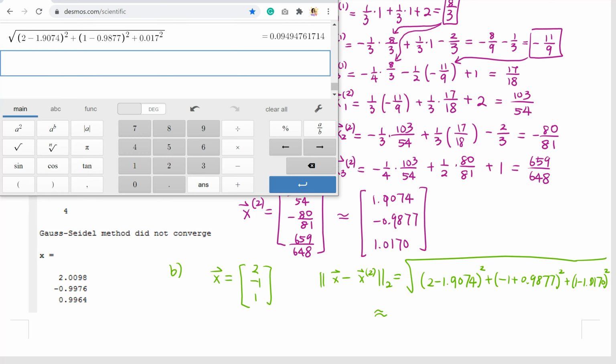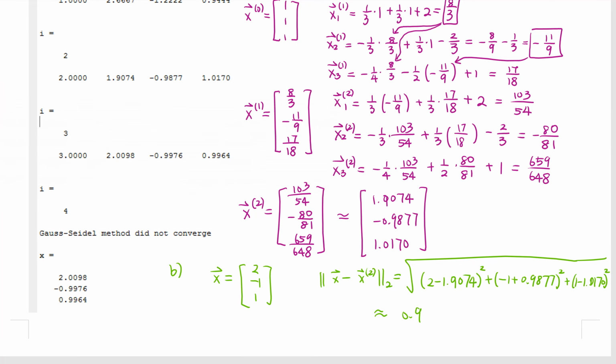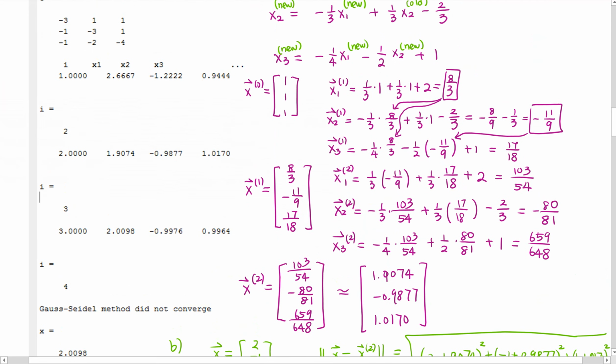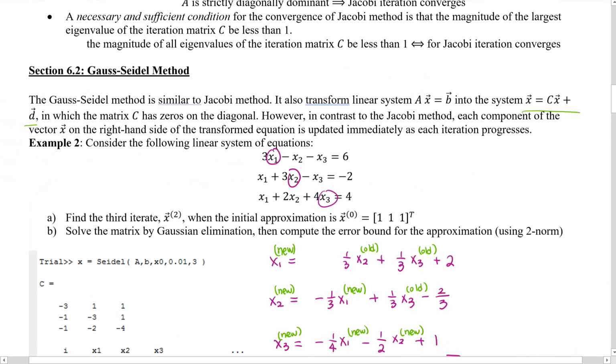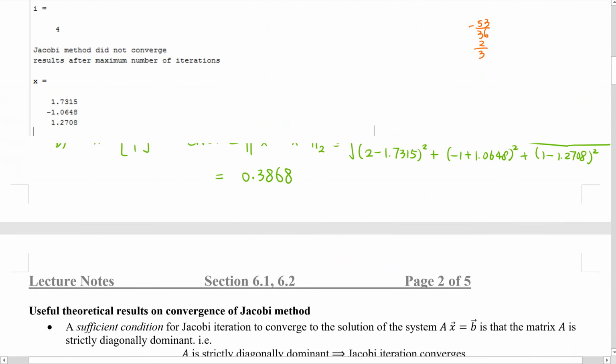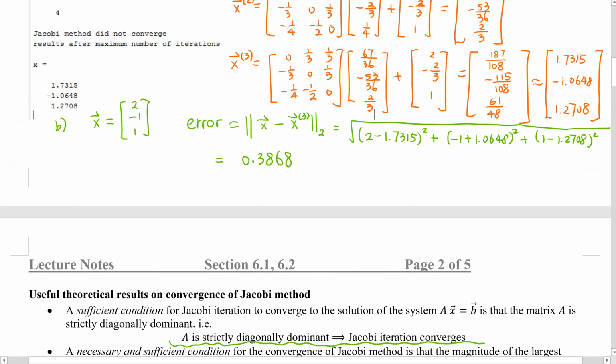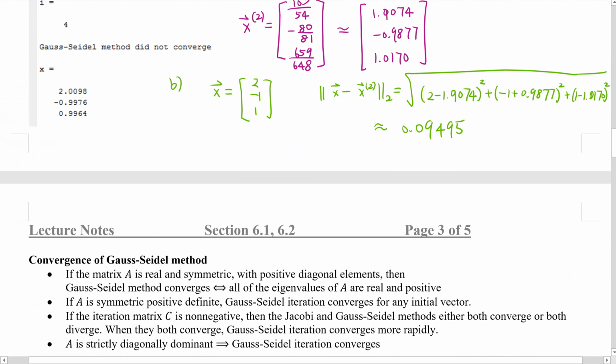Okay, so you see this norm is much smaller than the previous steps, right? The previous method, the Jacobi method, was 0.09495. Okay, our last example, we have the norm is 0.3868.